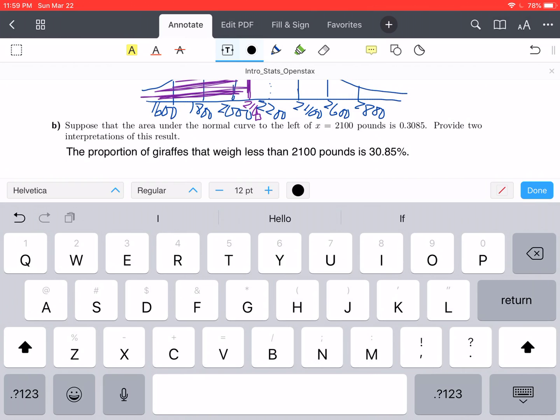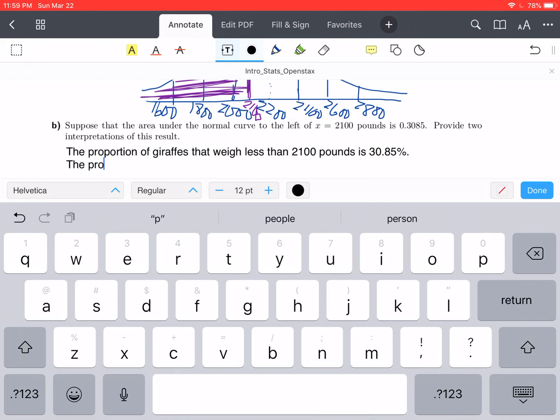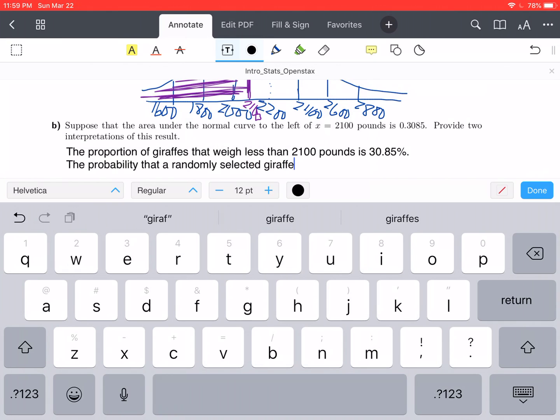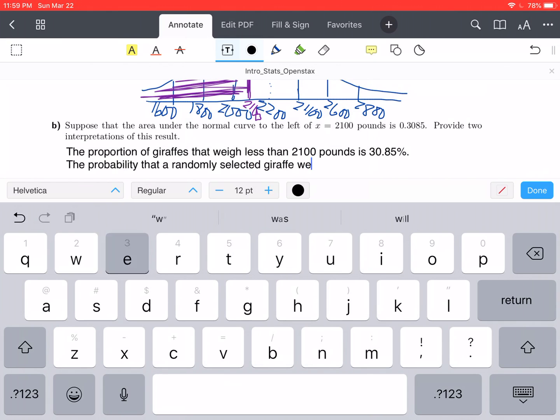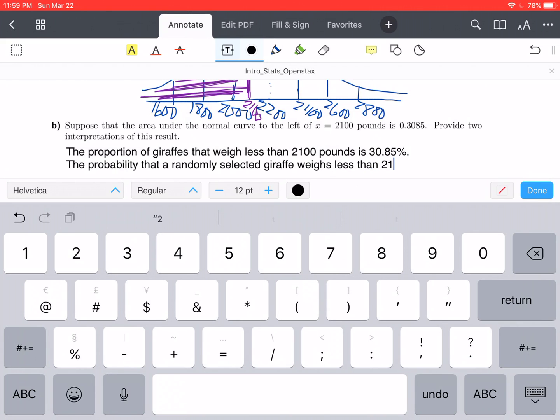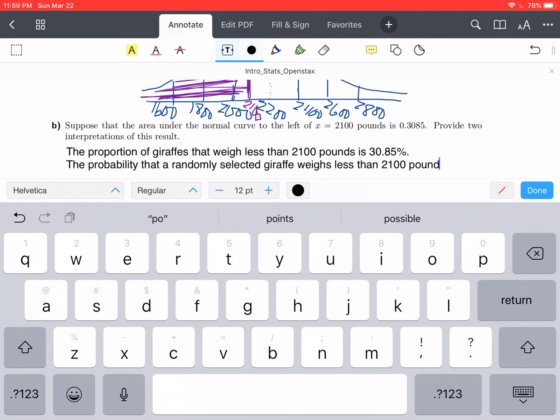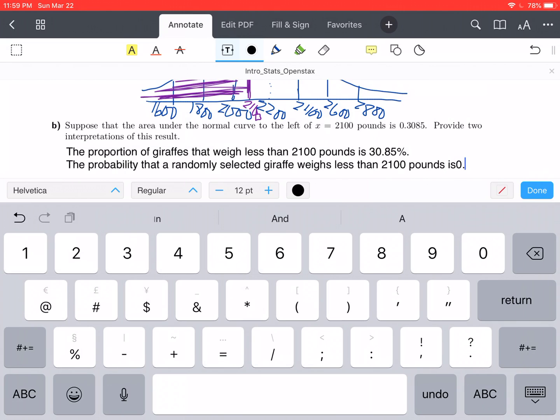Now, as a probability, we say the probability that a randomly selected giraffe weighs less than 2,100 pounds is 0.3085.